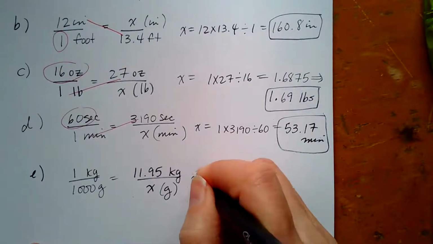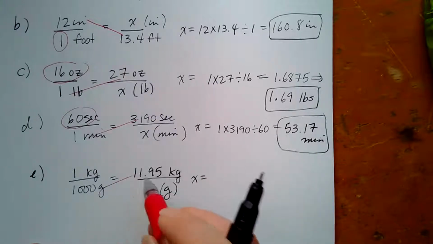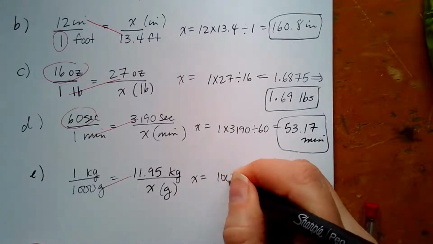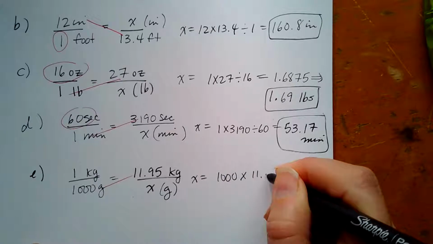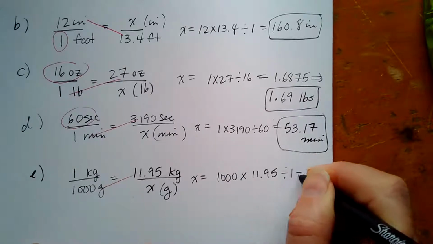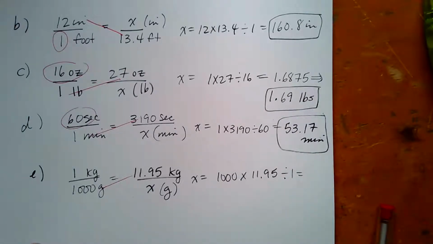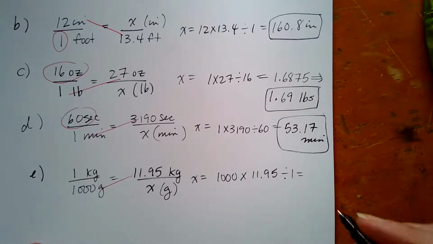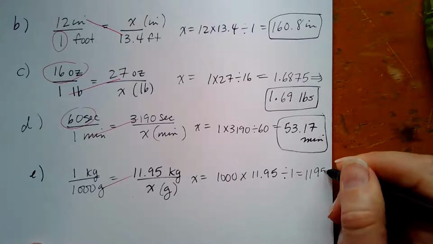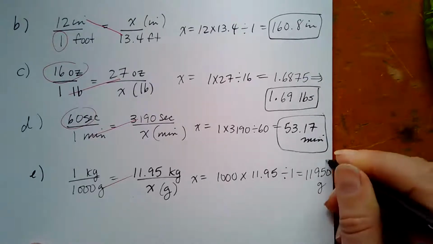Okay, so X equals 1,000 times 11.95 divided by 1. And I get 11,950 grams.